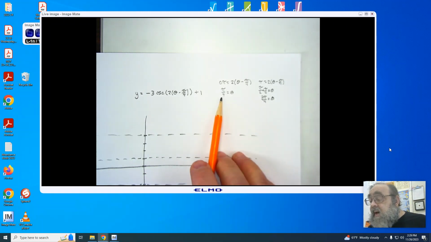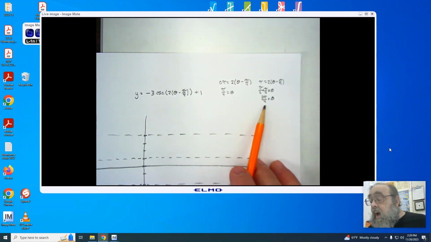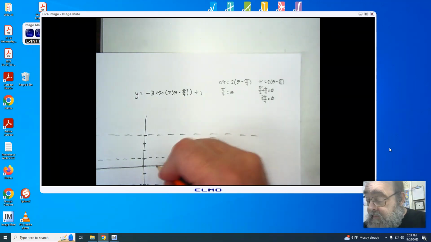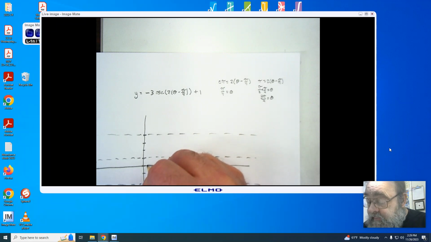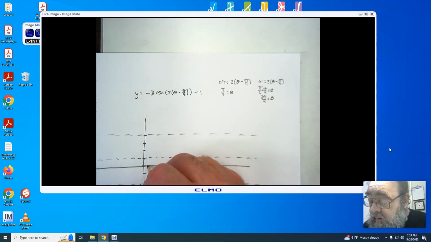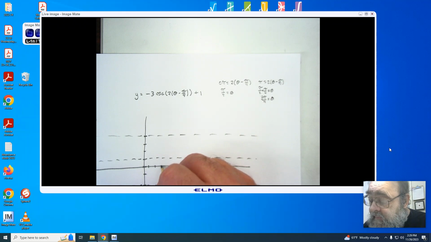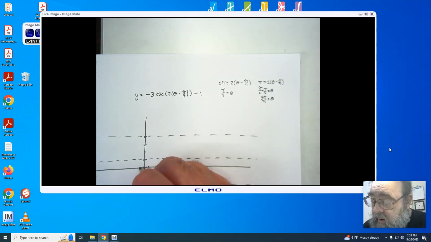Notice the distance that we went was pi over 2, so we're going to want to keep that in mind. Now we're going to locate pi over 4. So let's do it as 1 pi over 4, 2 pi over 4, 3 pi over 4, 4 pi over 4, going backward.